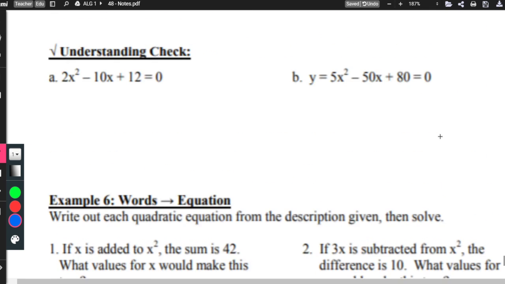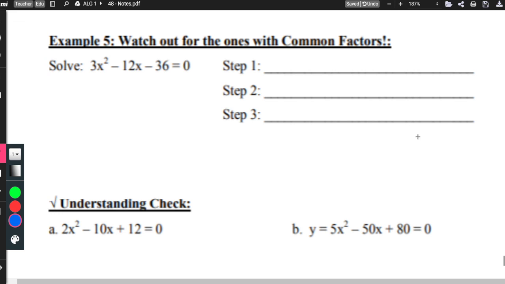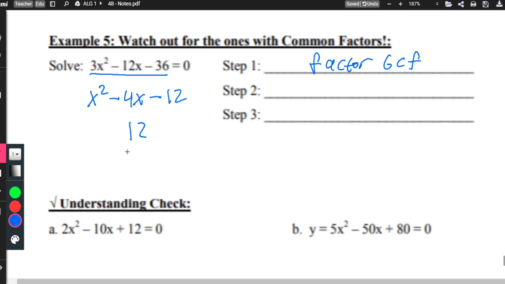Last but not least, first off, we're going to factor out our GCF. For this, we can factor out a 3 from everything. So we'll have x squared minus 4x minus 12, and we can use our normal method. Minus 12, minus 4.